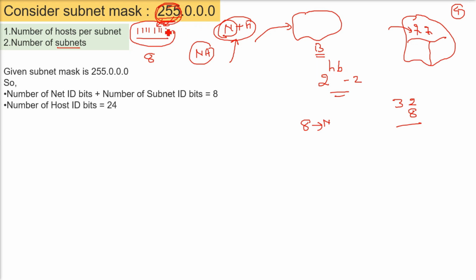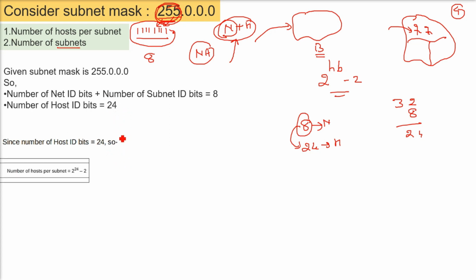If we AND this 255.0.0.0 with any IP, especially I am talking about class A, the first 8 bits will give you the network. 32 minus 8, which is 24, is for the host bits. So 8 plus 24, this always has to be 32.